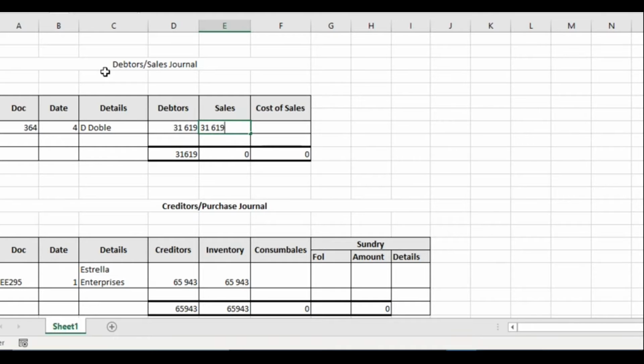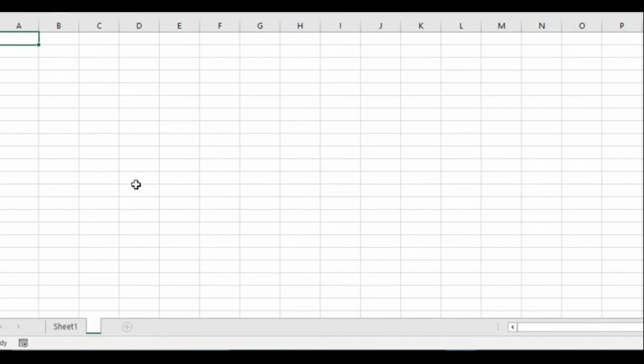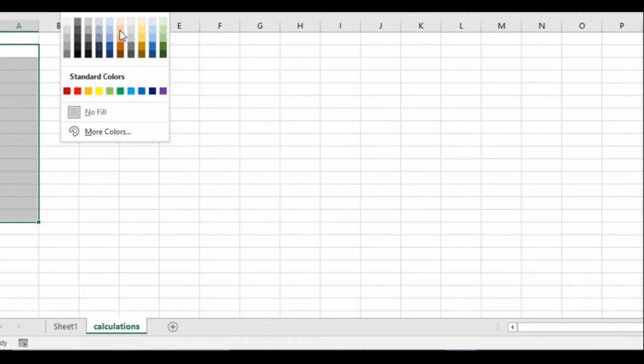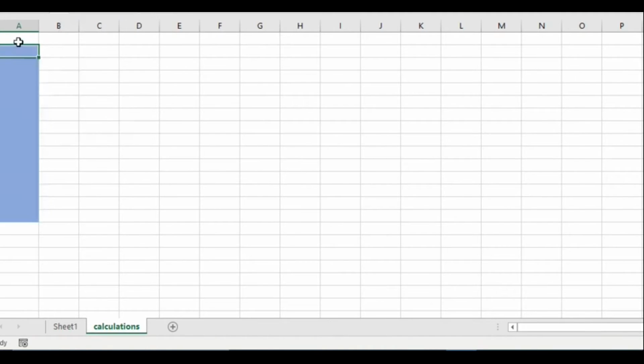But now we need to calculate our cost of sales. In order to do this, we want to create a new sheet. So here will be our calculations. I'll shade here with the color blue. These are our dates.